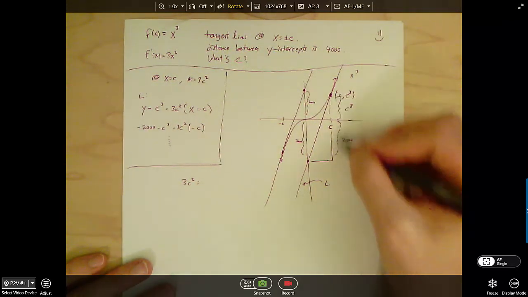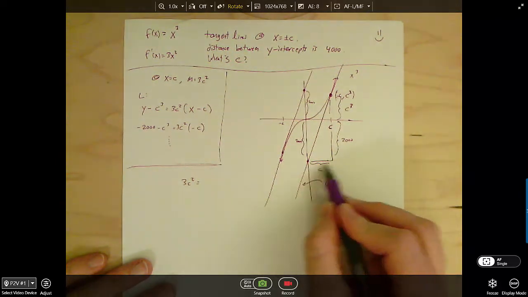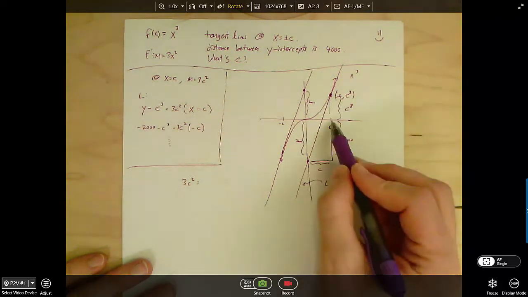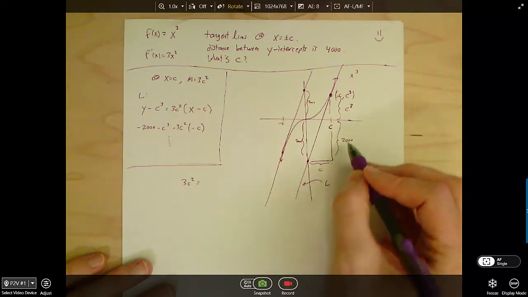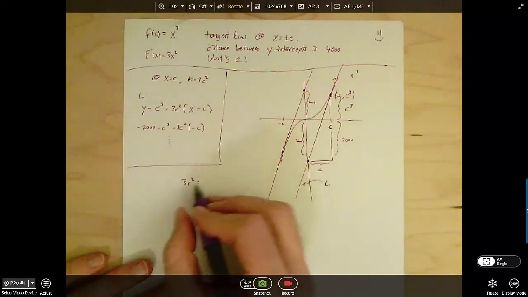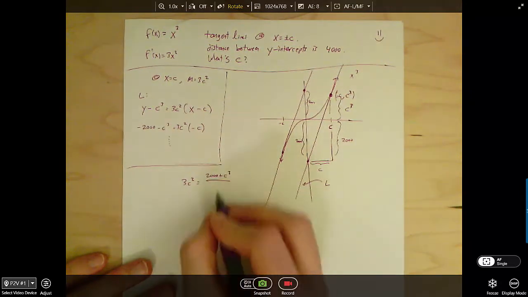So the whole distance must be c cubed plus 2,000. This distance here is just c because it lines up with the c value, which is where we're evaluating the point. So if I'm going to do delta y over delta x, that's 2,000 plus c cubed over c.